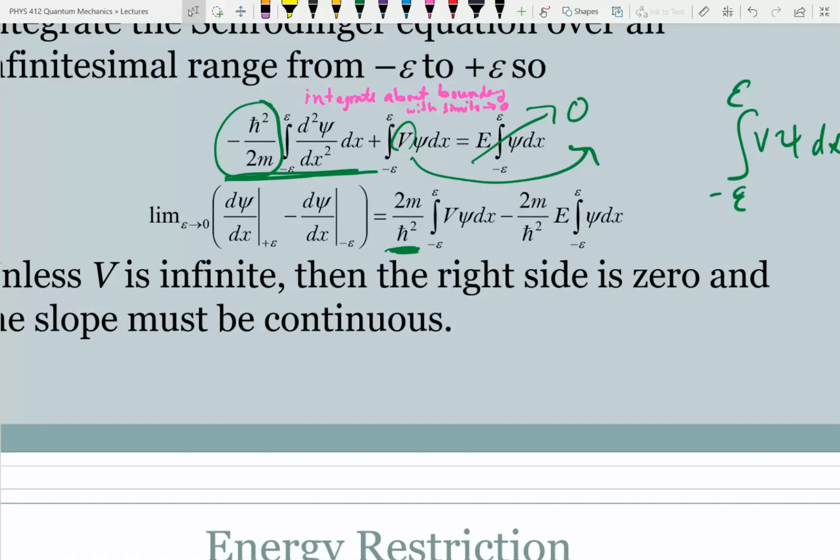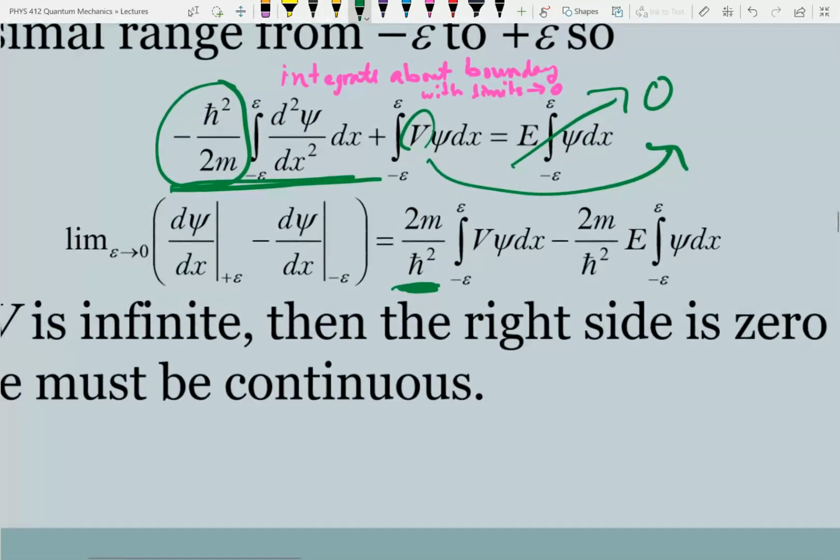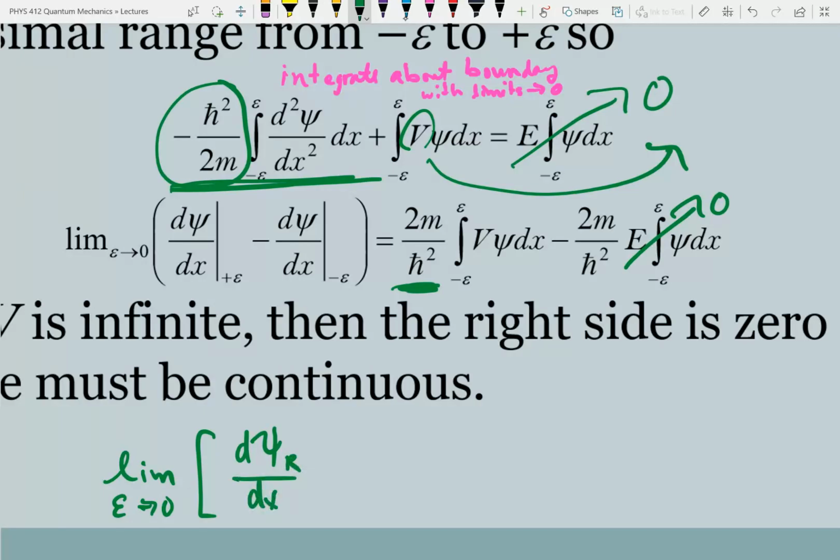Seriously, something is malfunctioning. So what we have in this equation right here is that the limit as epsilon approaches 0 of d psi right over dx, because that's the plus epsilon side, it's on the right, minus the derivative of psi left over dx at minus epsilon.